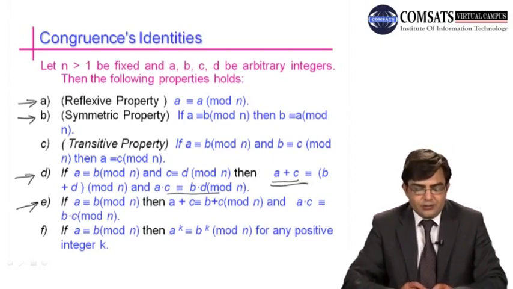The next property E is: if A is congruent to B mod n, then A plus C is always congruent to B plus C mod n, and A times C is congruent to B times C mod n.